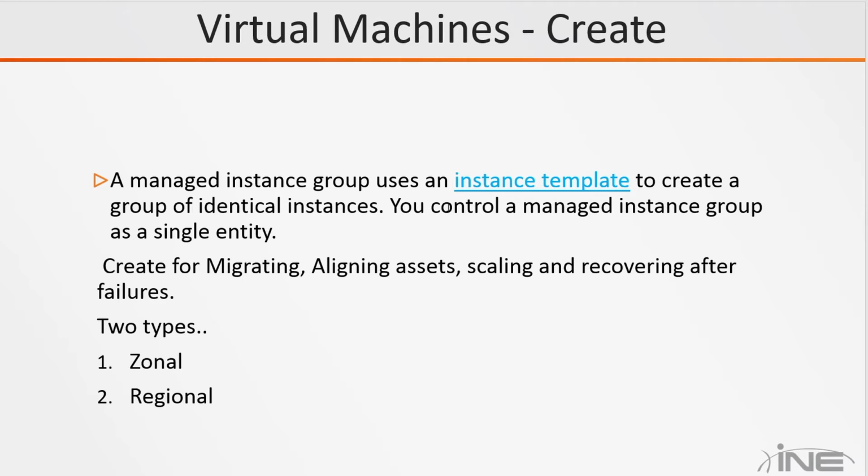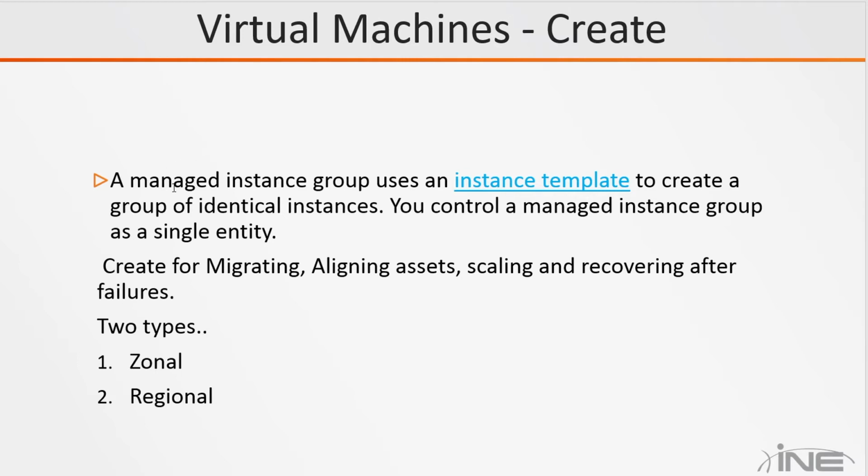So a managed instance group is going to use more of a template approach. Now, another thing too, when you create instance groups, you can also use those for migration, aligning assets, scaling, and recovery. And there's 2 types of managed instance groups. So remember, we have unmanaged and we have managed instance groups.